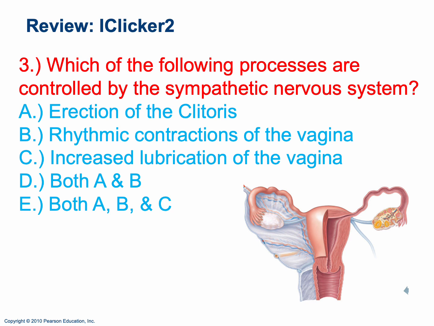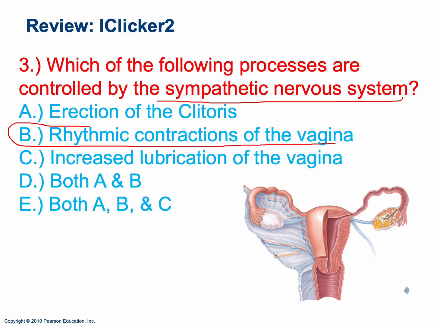Okay, and the correct answer here, of course, the clue is sympathetic nervous system. So your correct answer here should be choice letter B, rhythmic contractions of the vagina, right? So it's not going to be erection of the clitoris or increased lubrication of the vagina because those are taking place during the parasympathetic nervous system.